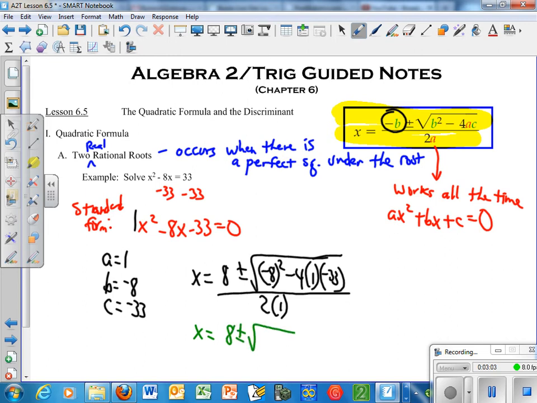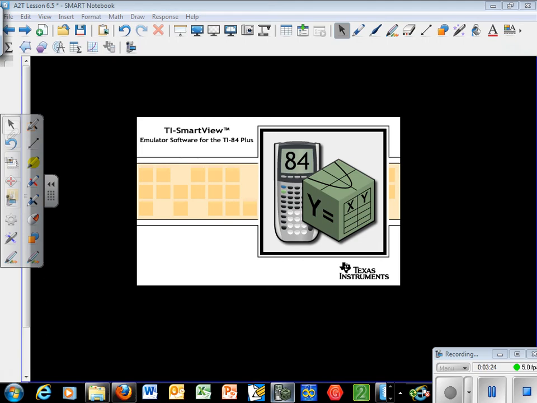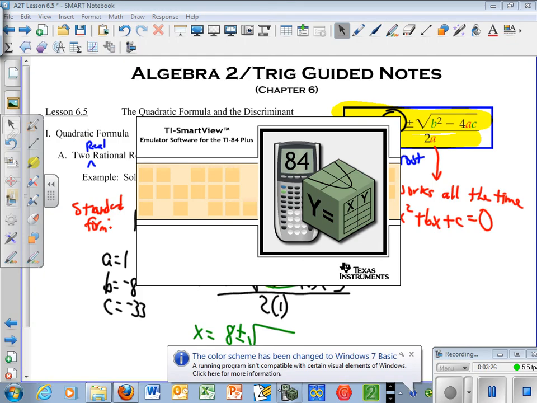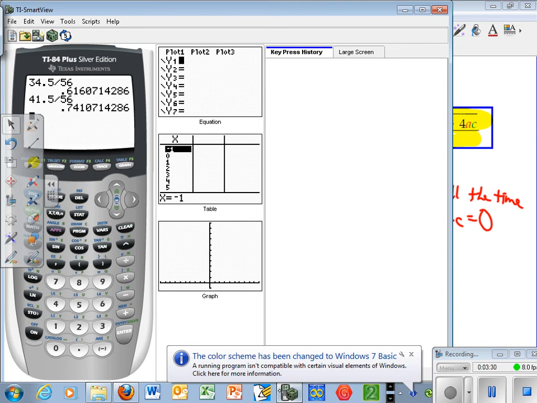Let's figure out what the number is under the square root. Very important here that you put negatives inside parentheses. And I would suggest just typing in everything underneath here into your calculator. Don't hit the square root button. I want to figure out what that is underneath. So I'm going to pull up my graphing calculator. And I'll clear that out. So here's what we have.